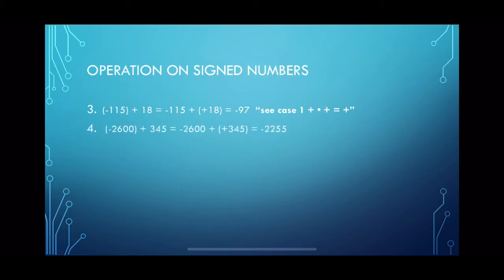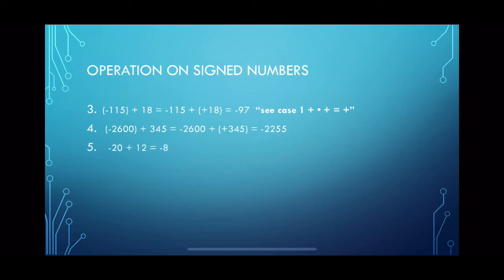For number 4, negative 2,600 plus 345 is actually written as negative 2,600 plus positive 345, which is equal to negative 2,255. It follows the sign of the bigger number, which is negative 2,600.